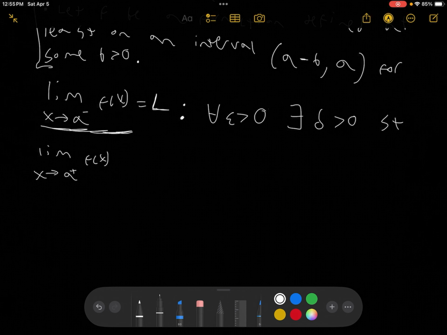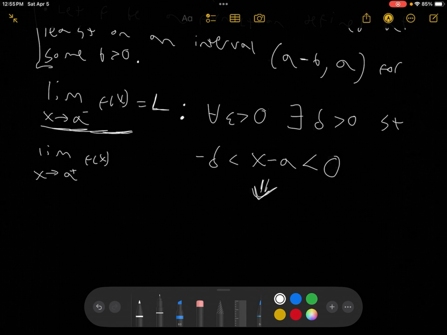So writing that out, we want negative delta to be less than x minus a to be less than 0. And doing a bit of rearranging, we can rewrite this as 0 less than a minus x less than delta.